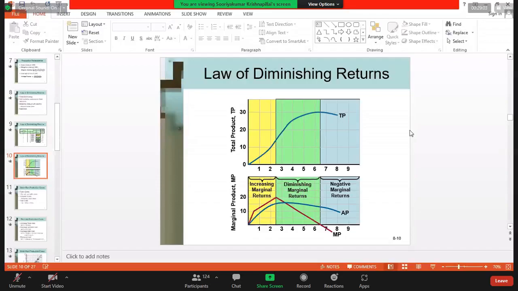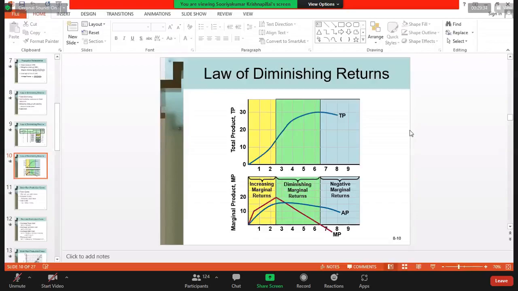So if the first labor produces a certain amount and the second labor produces more than the first labor, then we need less labor per unit output. Now we will use less labor. So additional labor produces more output.